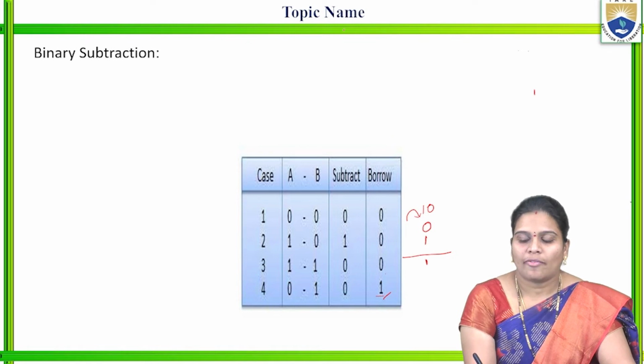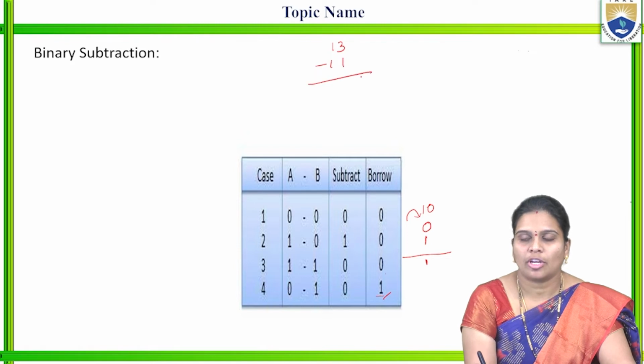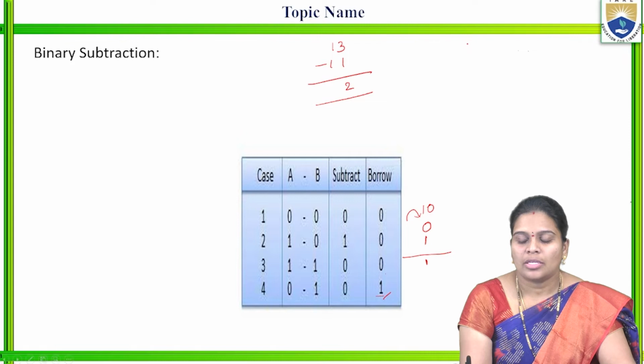The values are 13 minus 11. So 3 minus 1 is 2; this is the decimal subtraction. Now we'll see the binary subtraction. The binary equivalent of 13 is 1, 1, 0, 1, and of 11 is 1, 0, 1, 1.